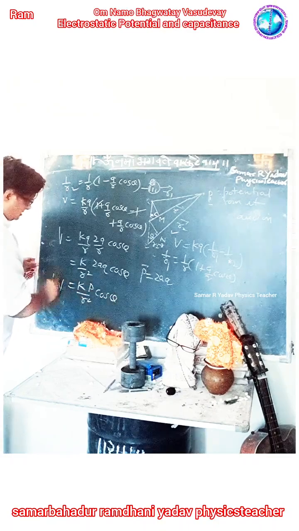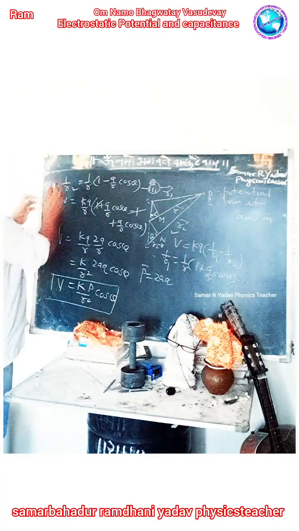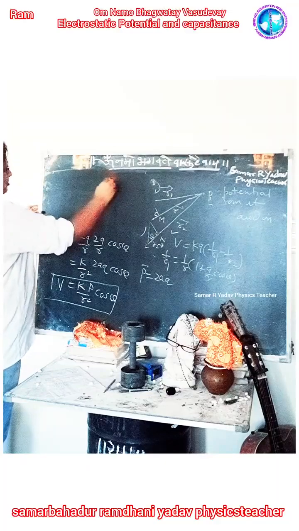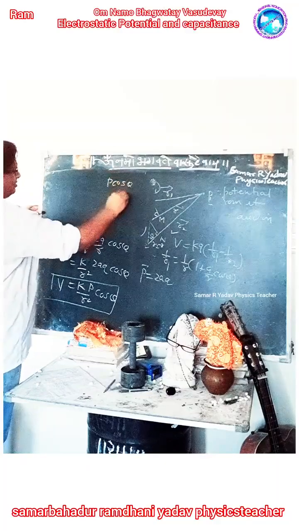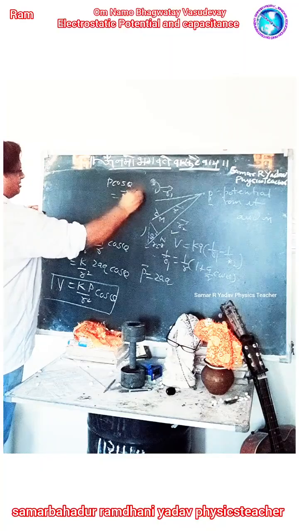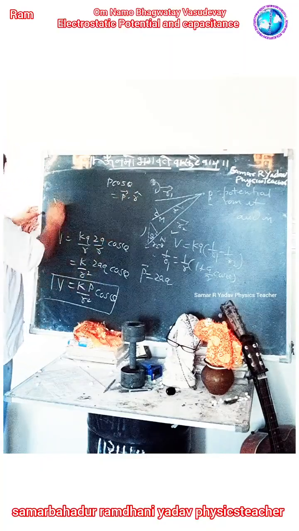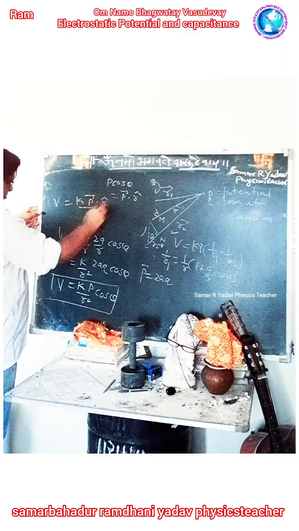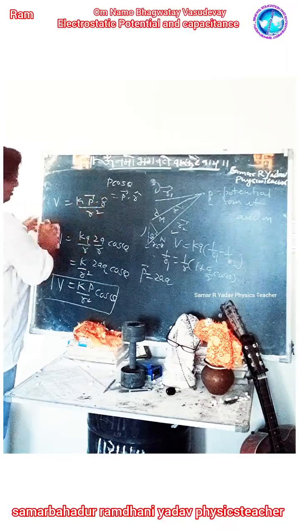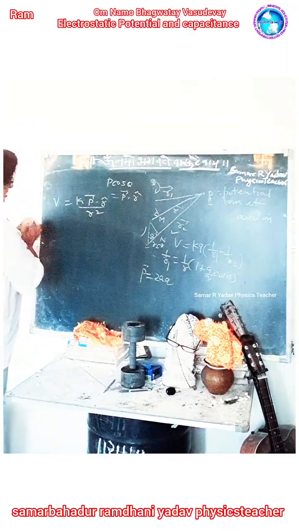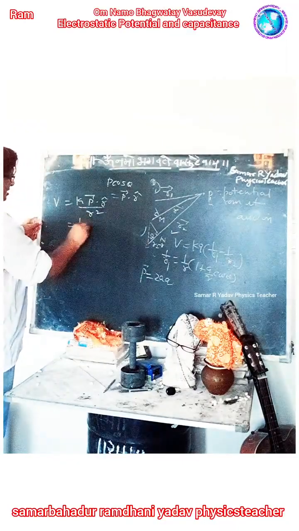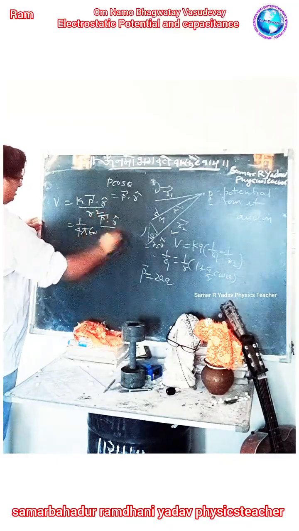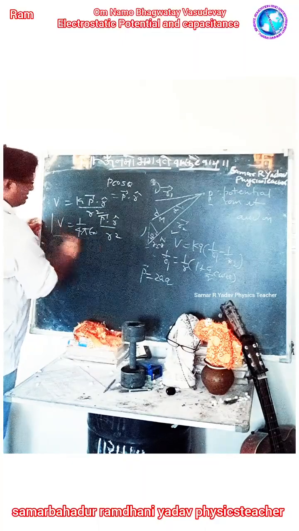This is V. Therefore P cos theta is equal to vector P dot unit vector R. Keeping this value, V is equal to K vector P dot unit vector R upon R square, or we can write 1 upon 4 pi epsilon 0 vector P dot unit vector R upon R square. So this is the required equation.